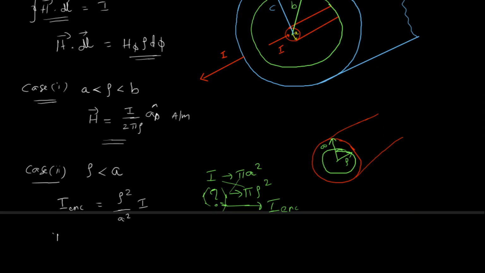As per Ampere circuital law, the total current enclosed is the line integral H dot dl, which in this case is H phi rho d phi. So what is I enclosed? It is rho square by a square times I, which is nothing but H phi rho d phi.